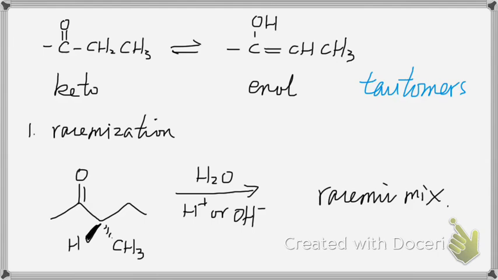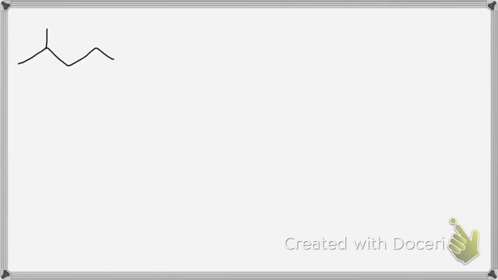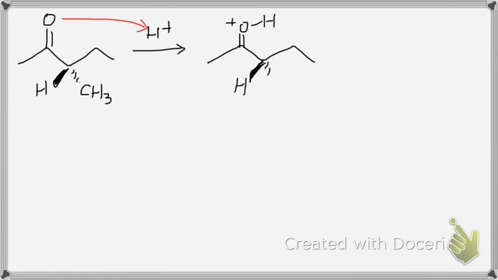If the alpha carbon is a chiral carbon, if the alpha carbon is a chiral center, under either acidic or basic condition, for some time, you will get a racemic mixture, even if you start with one pure enantiomer. How could that happen? So let's take a look at the mechanism for racemization.